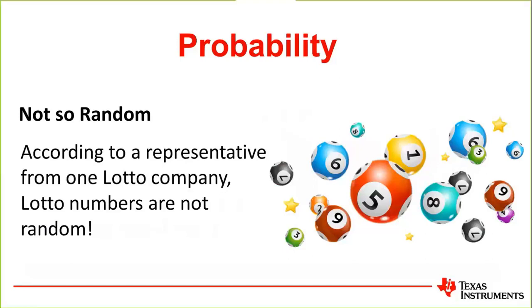I kid you not, that was the advice, but it got better, or should I say worse. The next bit of advice was, oh, and here's the numbers that come up least often, and therefore we'll call them our unlucky numbers. In which case, I suggest you don't choose those to increase your chances of winning. And the final kicker, here's a list of the outlets that have had or sold the most winning tickets. So you should hurry off to those outlets to buy your next ticket.